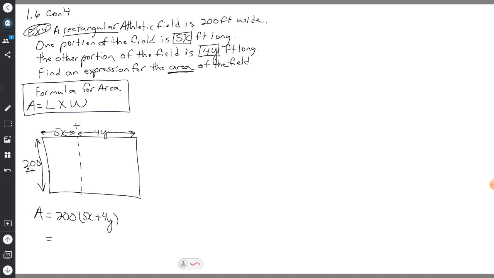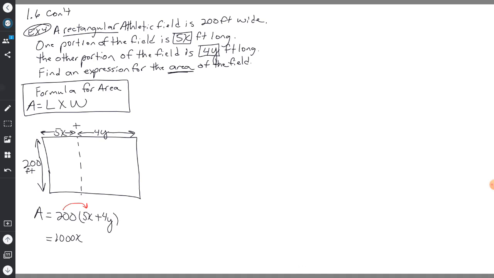All right, now let's continue simplifying this. What do we have to do? Right, 200 times 5x. So 200 times 5 will give us what? So 1,000, and we join that x in there.